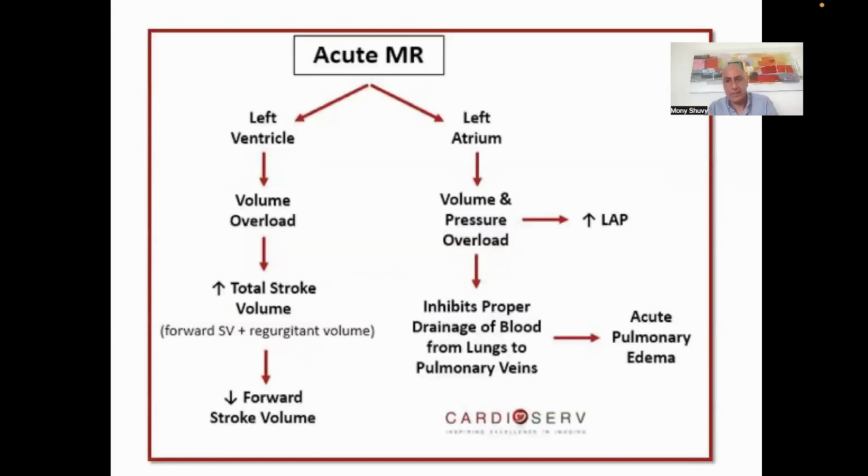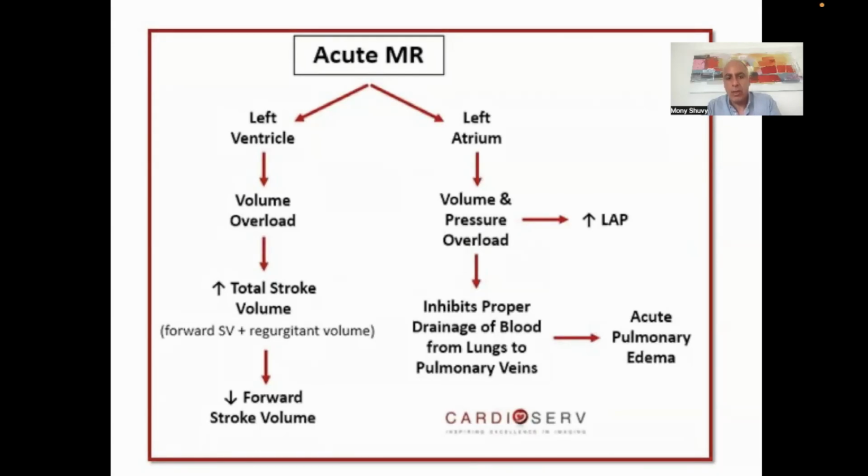In fact, there are two mechanisms. The mechanism of pulmonary edema due to the very high LA pressure that goes very high immediately, which causes acute pulmonary edema. And on the other hand, we have a volume overload on the left ventricle.